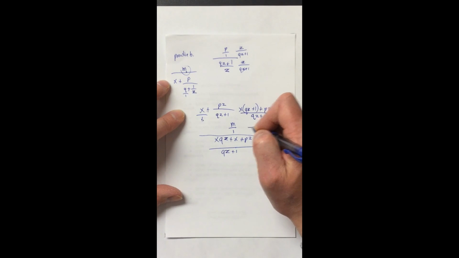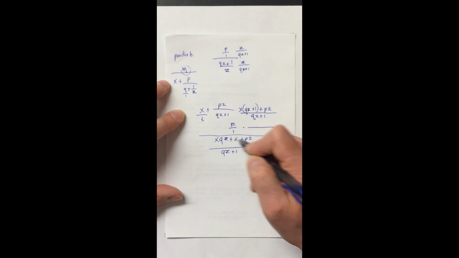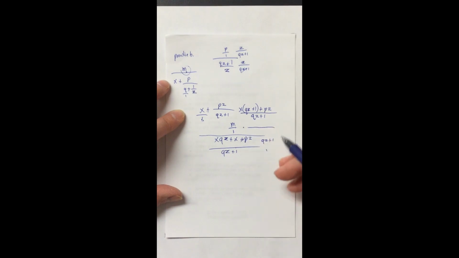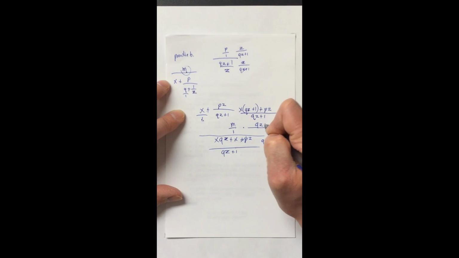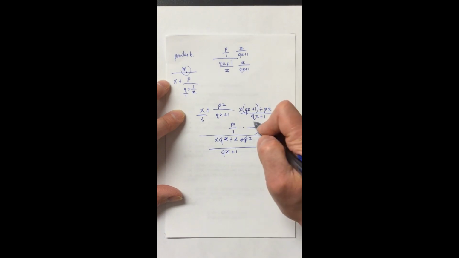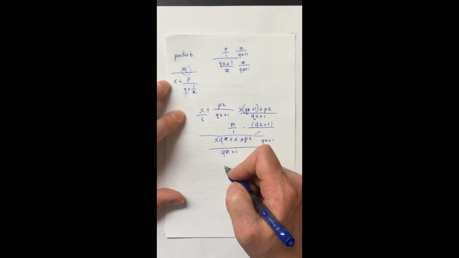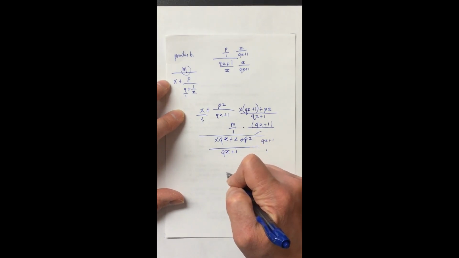Well, I invert, right? So if I put my qz plus 1 and then all this down here, everything cancels. And then same thing on the top. My qz plus 1 goes on the top, and then this guy is going to go to the bottom, and then we're going to multiply it out. Parentheses here, because this m gets multiplied by both of those. I believe we can just leave it that way if we'd like to, though.